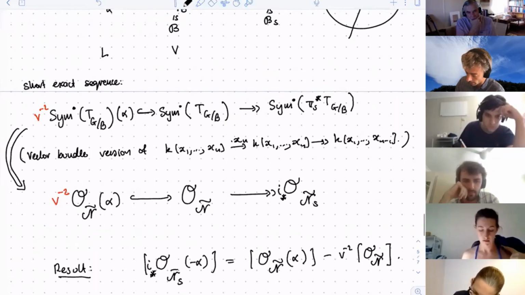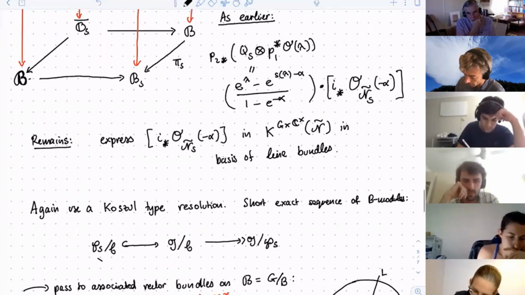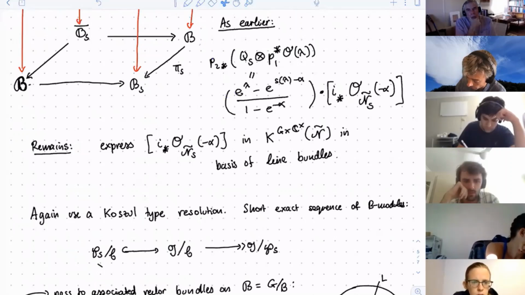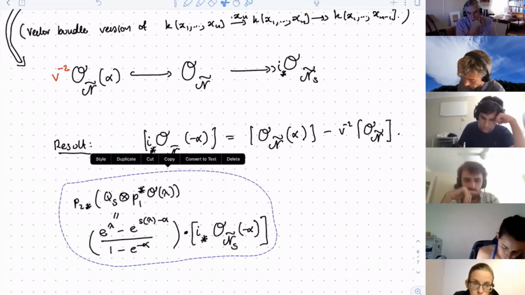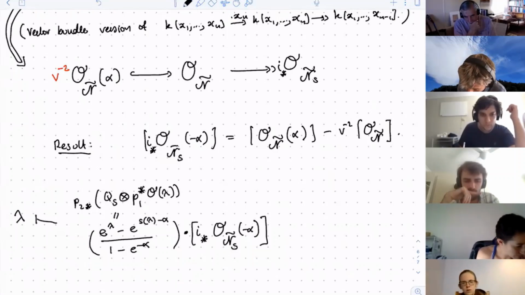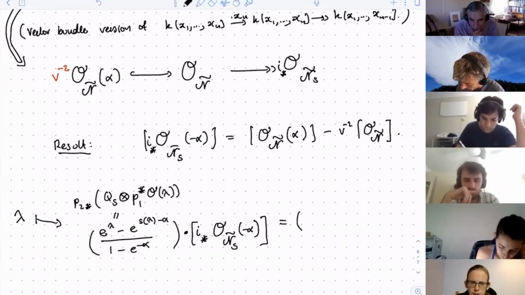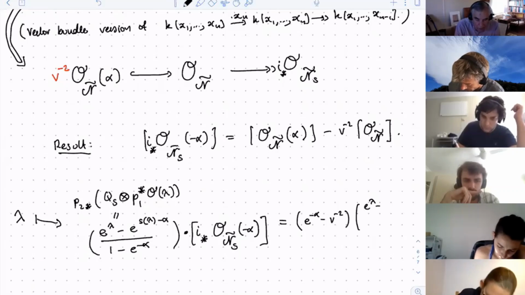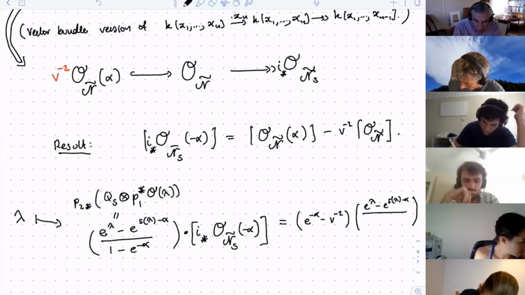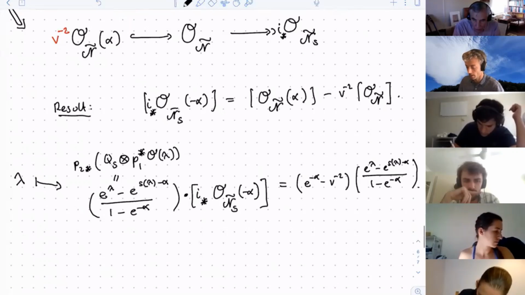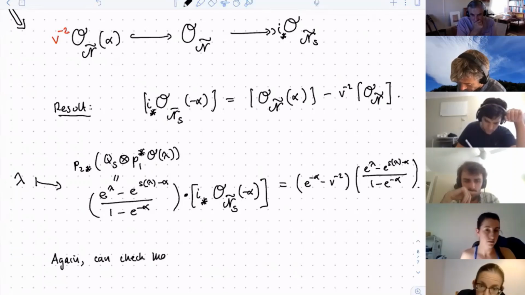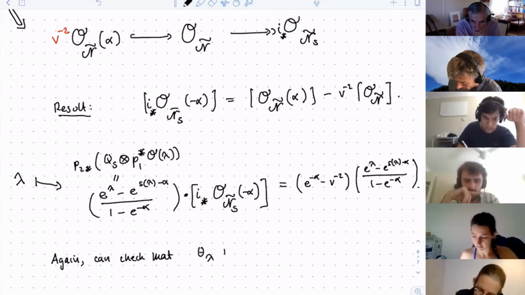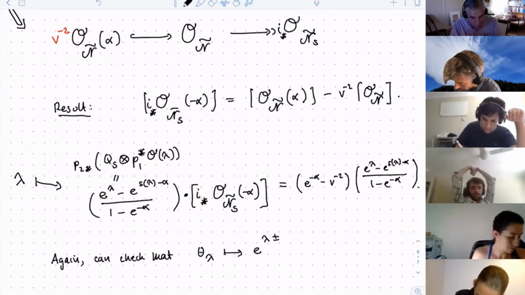So now when we plug this into this business up here, we get that lambda maps to this, which maps to, and again, check that something like theta lambda maps to e to the lambda plus or minus rho. I can't remember which one it is.